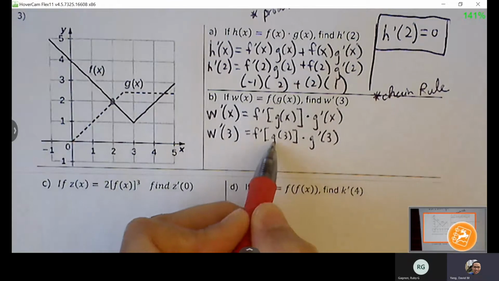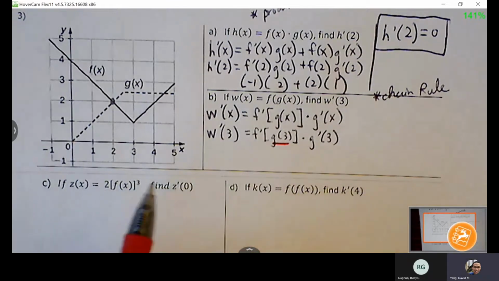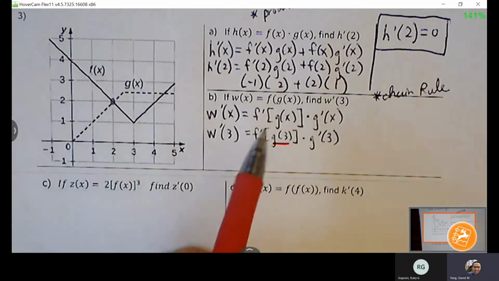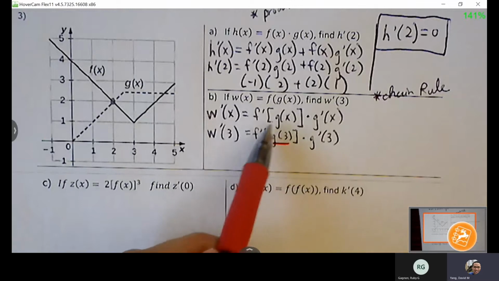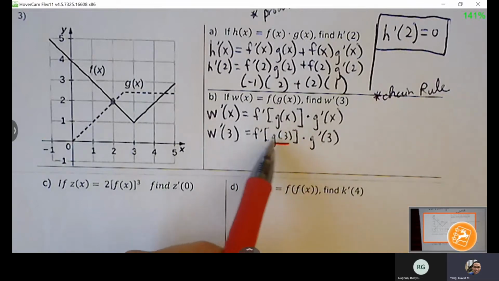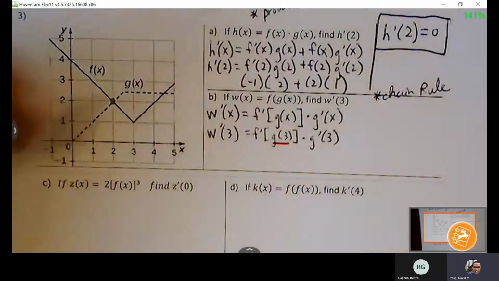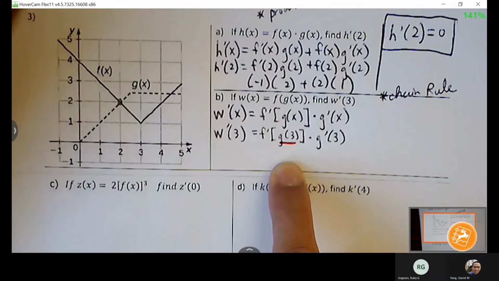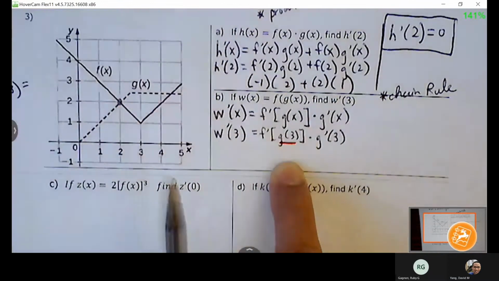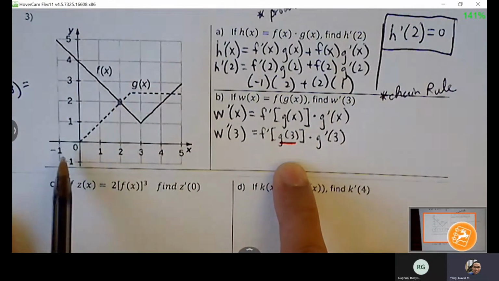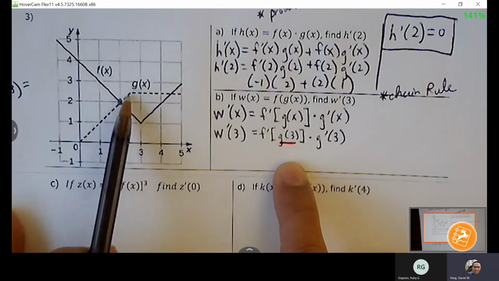Yeah, let's find g of 3. So when you find g of 3, you're going to get a y value. That y value is going to replace this entire thing here. Okay, it's going to give us the y value for this entire notation. Okay, so g of 3. Let's go to g of 3. So g of 3 is the dotted line.